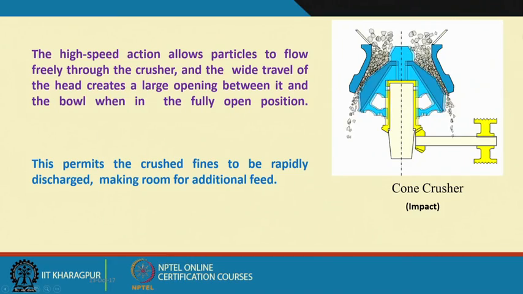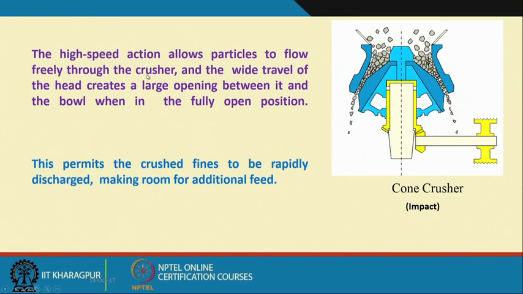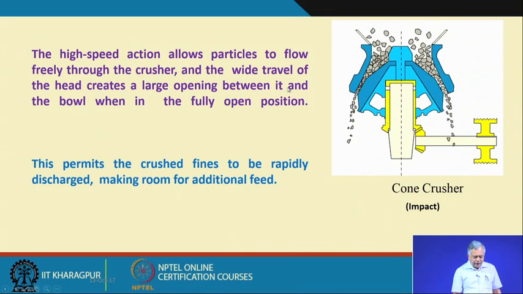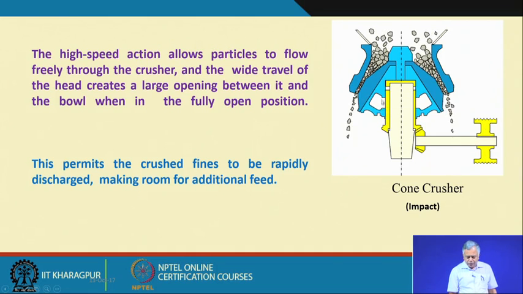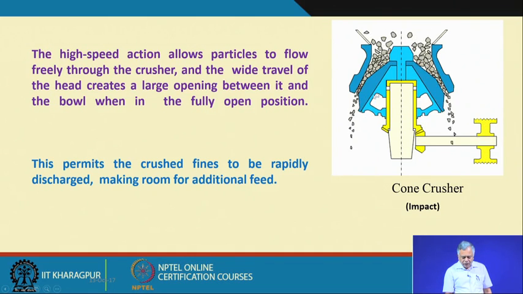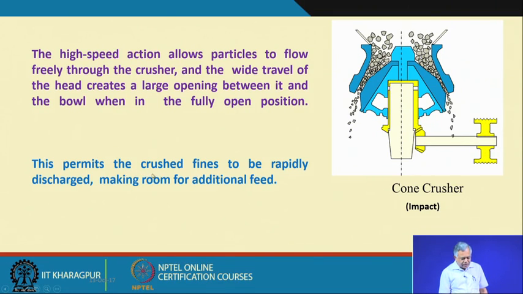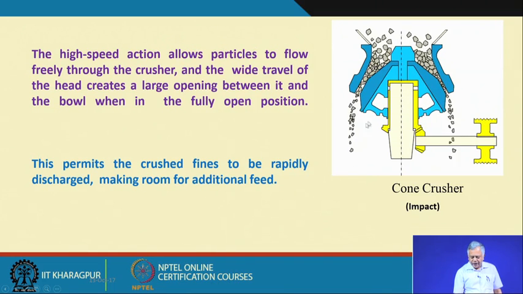Now, the high speed action allows particles to flow freely through the crusher, and the wide travel of the head creates a large opening between it and the bowl when in the fully open position. So, it can prevent the choking of the crushing passages. This permits the crushed fines to be rapidly discharged, making room for additional feed.